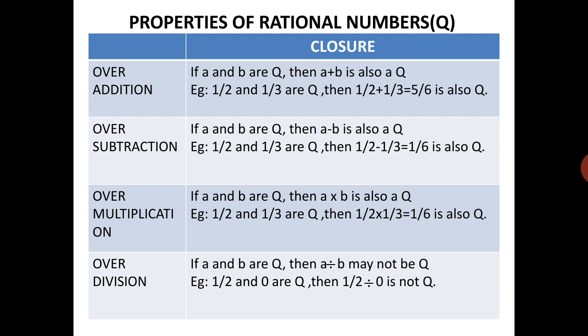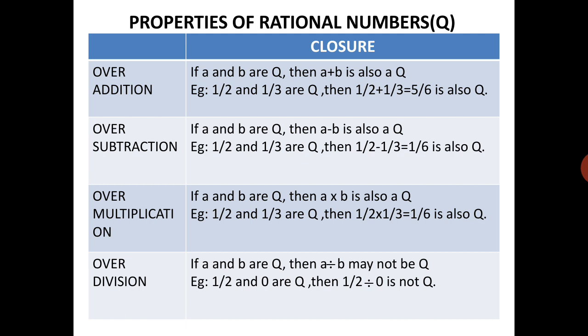You all know rational numbers are represented by P upon Q, where Q is not equal to 0 and P and Q are integers. So 1 by 2 and 1 by 3 are rational numbers. In that case, when you add them, that is 1 by 2 plus 1 by 3, you get an answer as 5 by 6. That is again a rational number.